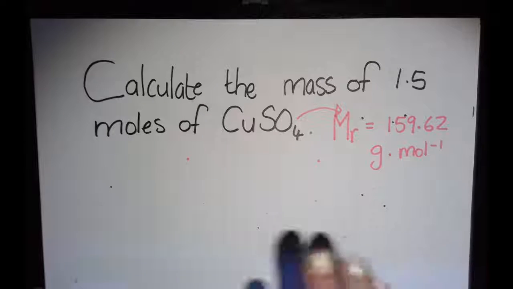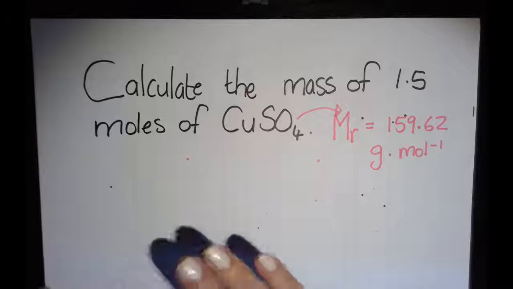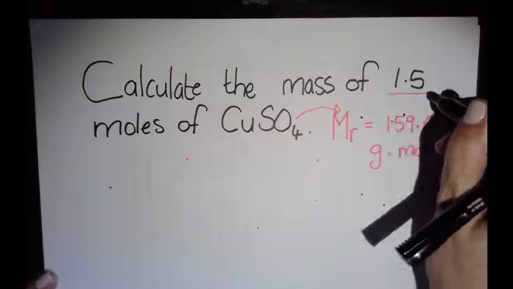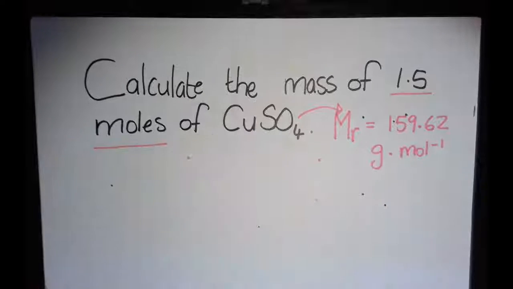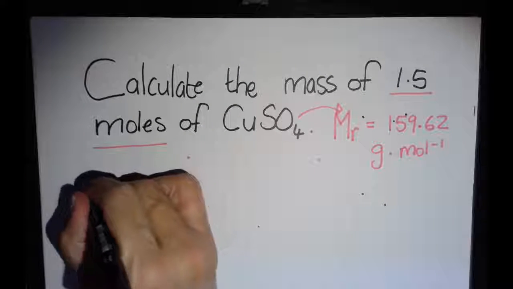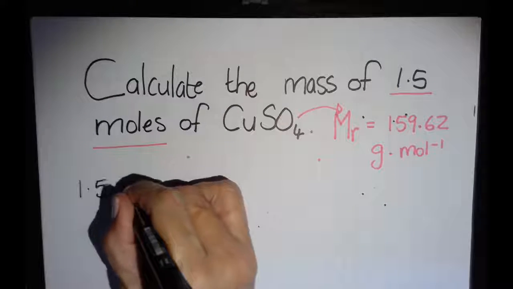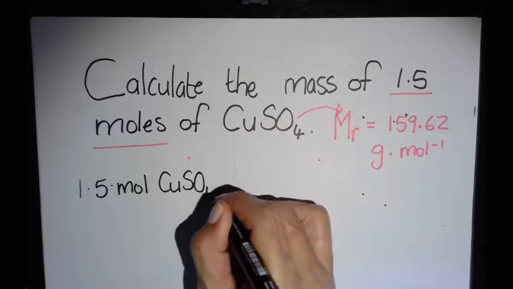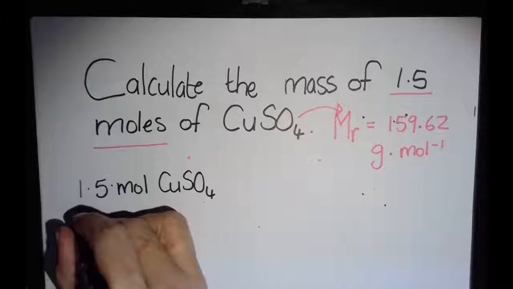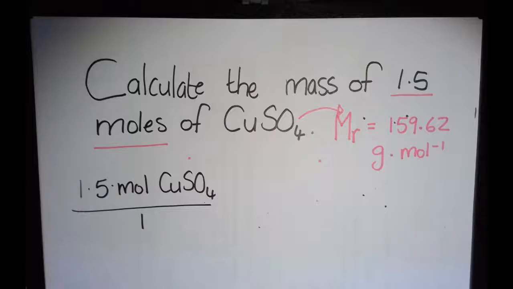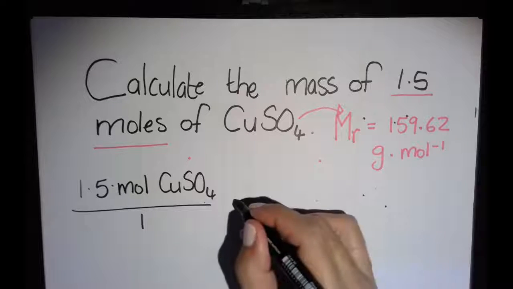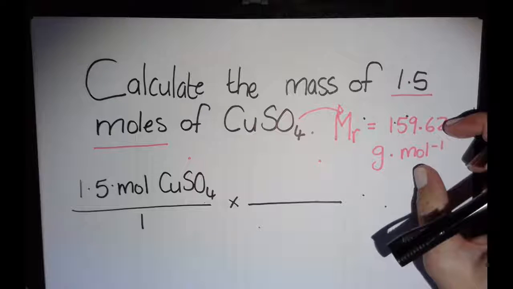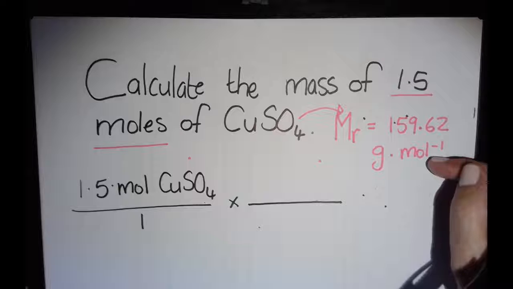Now, to calculate the answer, same as before, I write down what is my known. What is known to me? 1.5 mole of copper sulfate. That's my known. I'll put it over 1 because I want to create a fraction. I'm then going to multiply it by creating a conversion factor again using my molar mass.